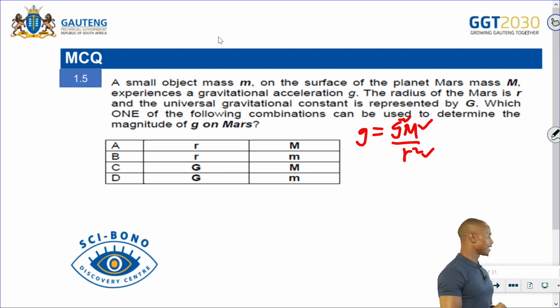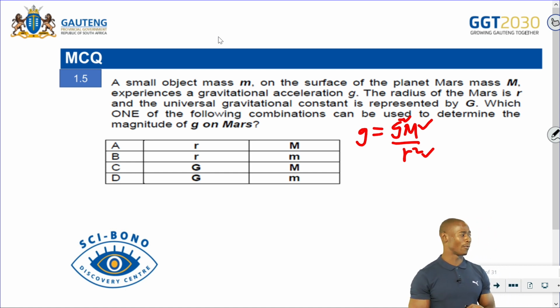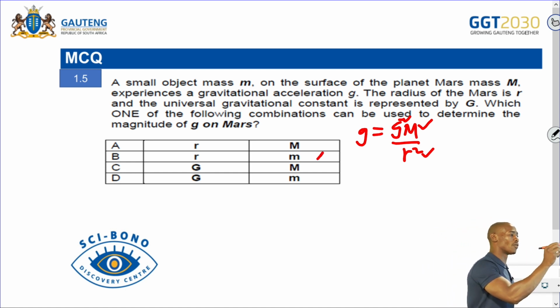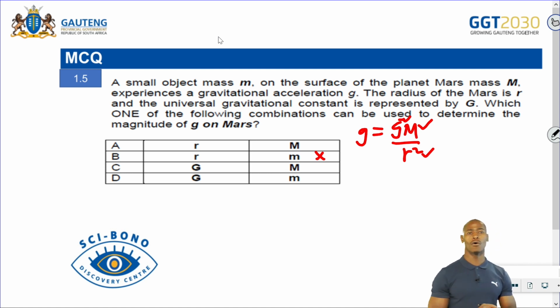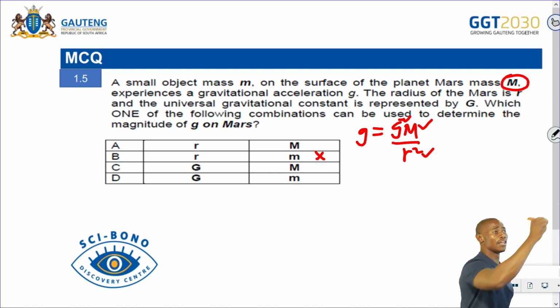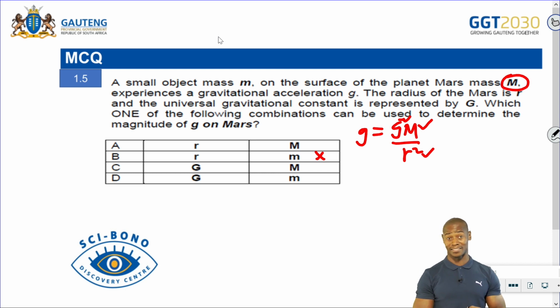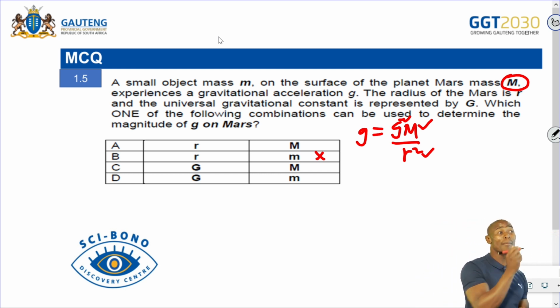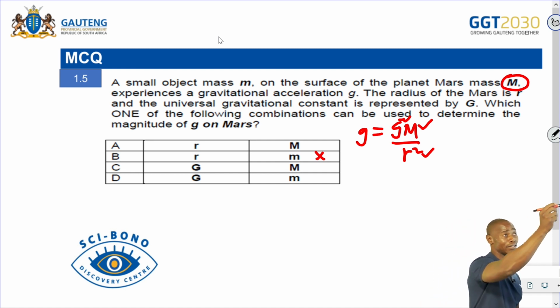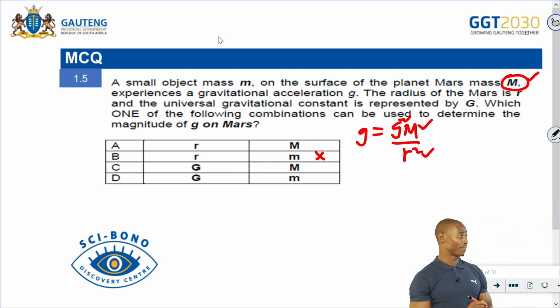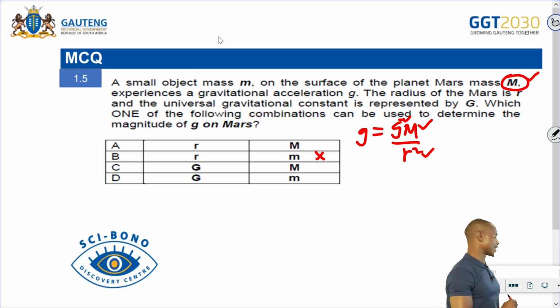If you look at A, we have r and M. If you look at B, we have r and small letter m. We cannot use small letter m if we are looking for gravitational acceleration, because we need that capital letter M, which is the mass of the planet. So we cannot use the second one.